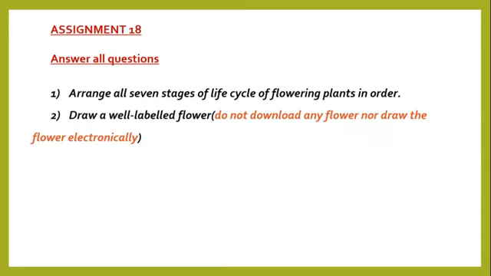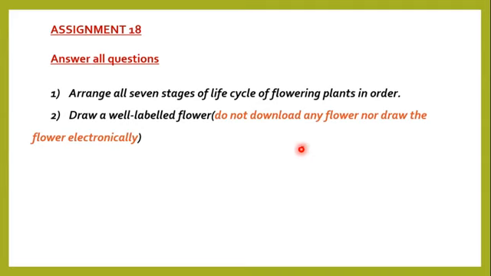Now, to prove you have understood this lesson, do this exercise. In your exercise, you take a snapshot and upload it for me to mark. 1. Arrange all the 7 stages of life cycle of flowering plants in order. 2. Draw a well-labeled flower. And the warning is that you should not download any flower from the internet.